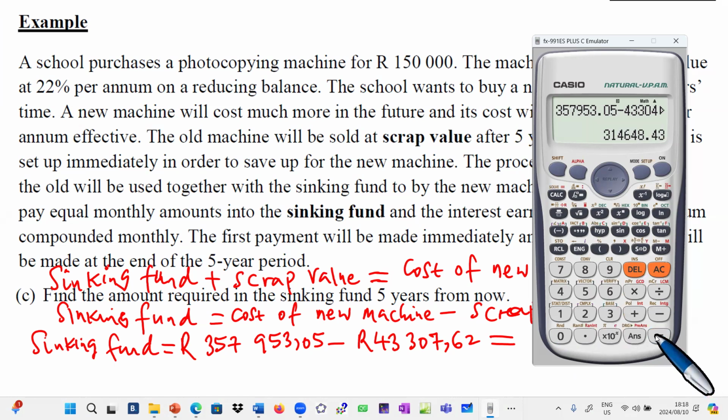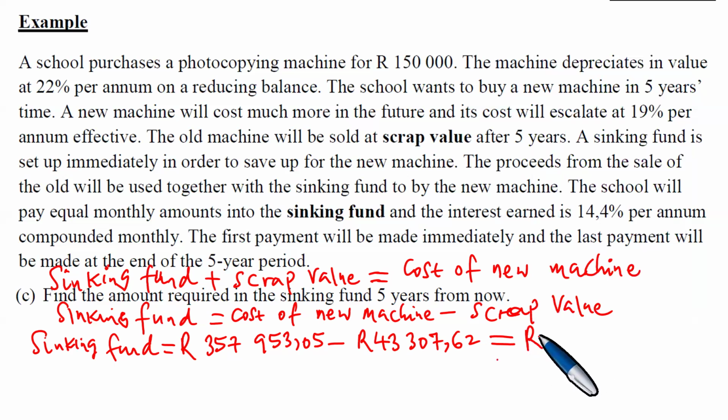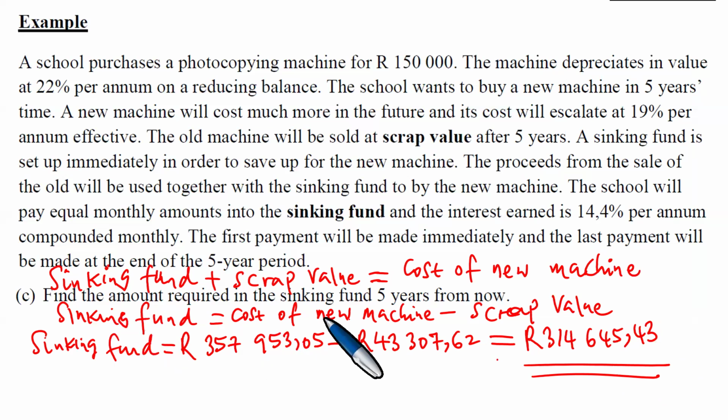And this is exactly 314,645 rand and 43 cents. So we write down the sinking fund: 314,645.43. And this is the sinking fund, the amount required in the sinking fund 5 years from now. Therefore, the sinking fund is exactly this value there. Next question.